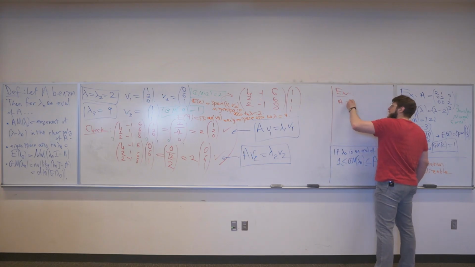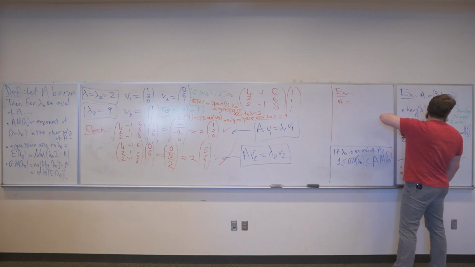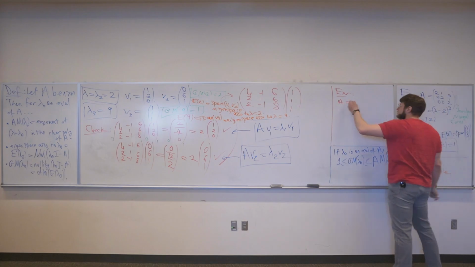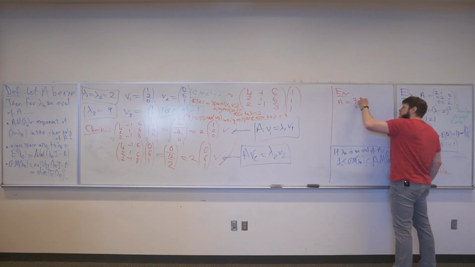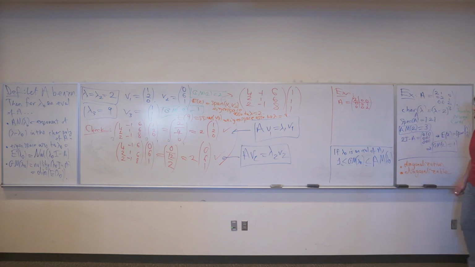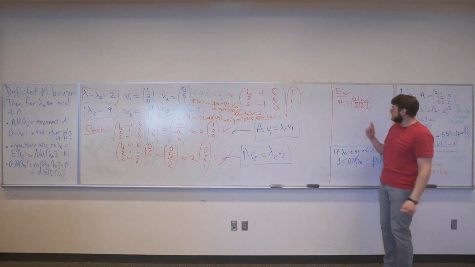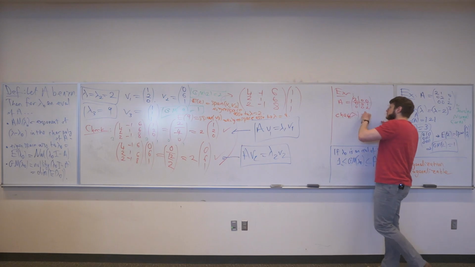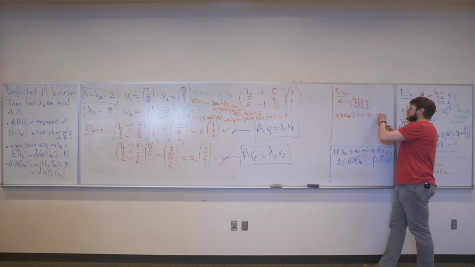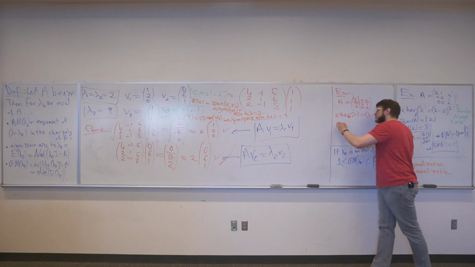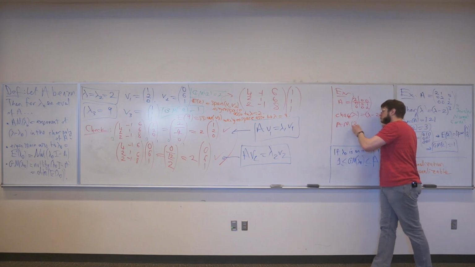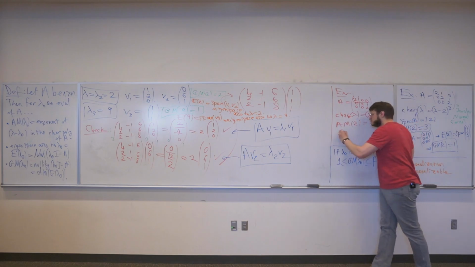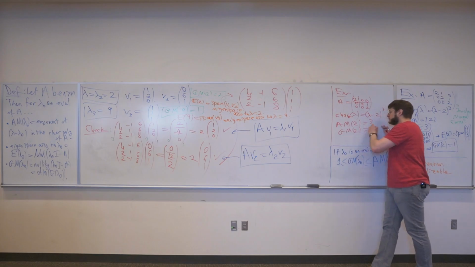A equals, so if I delete this one, then what I need works out. I'm really thinking of this as a block matrix like this. The characteristic polynomial is going to be the same, because it's still upper triangular. So AM of 2 is 3. GM of 2 is 2.